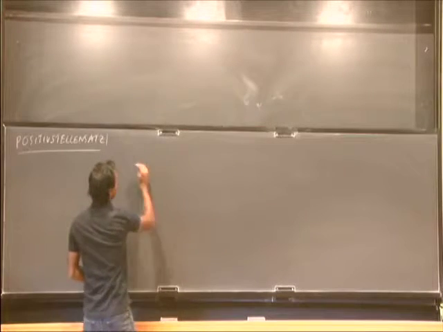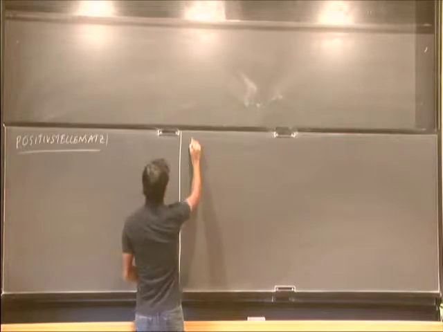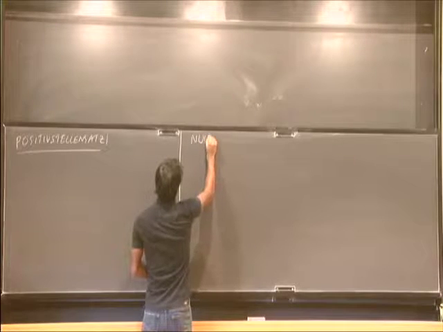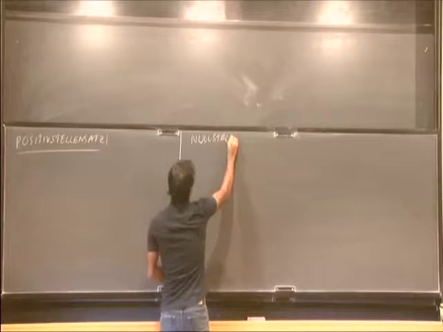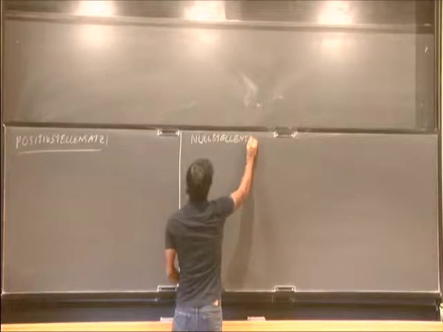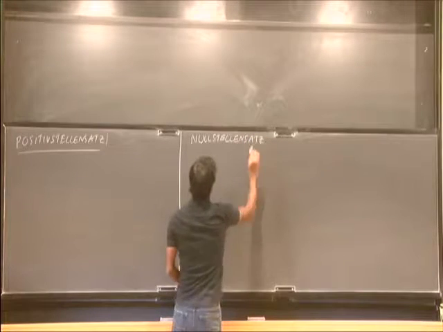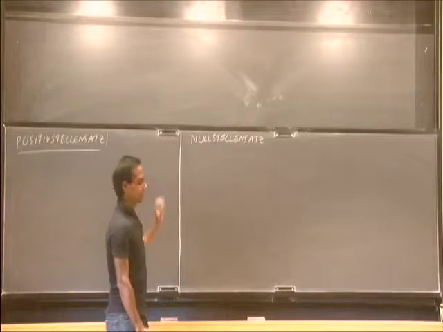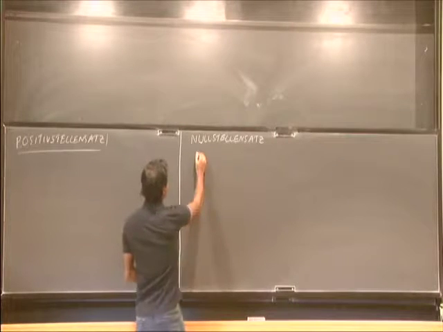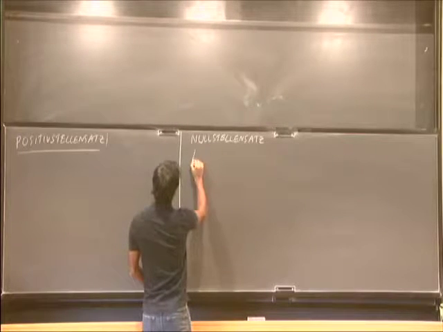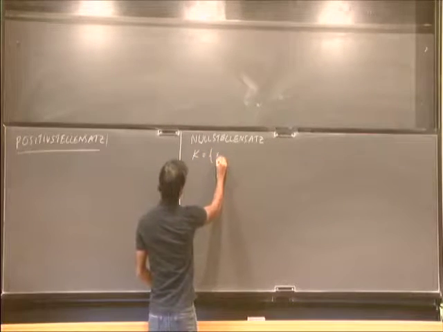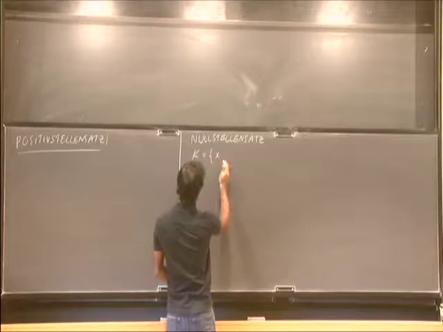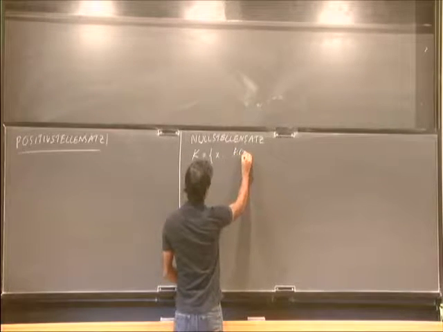So before doing this, let me first revisit the classical null Stellensatz, just for comparison, write it down. I think this is much better known than positive Stellensatz, and it says that if let's say you have some algebraic set, meaning K is a set of all x which are solutions of some system of polynomial equations.